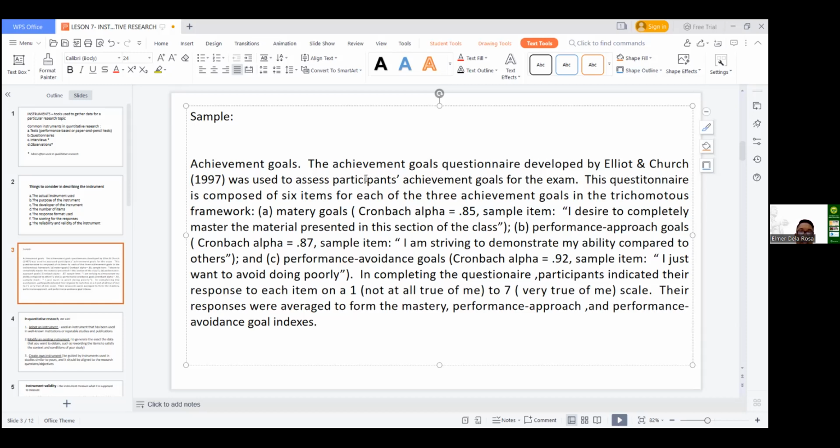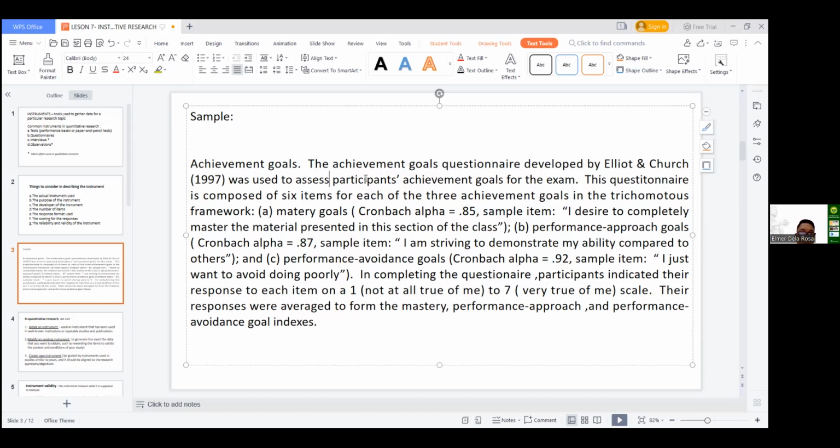Then the last 2 sentences says, in completing the questionnaire, participants indicated the response to each item on a 1, which is not at all true of me, to 7, which is very true of me scale. So how did they answer is indicated, or in other words, the response format is described. And lastly, how was it scored?